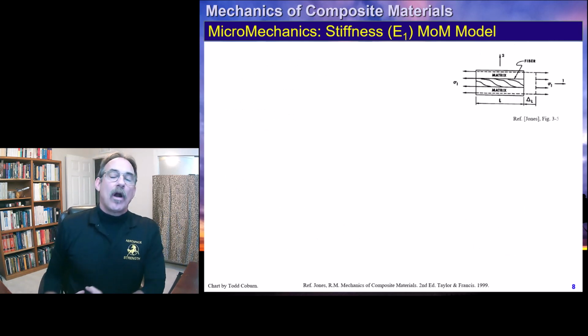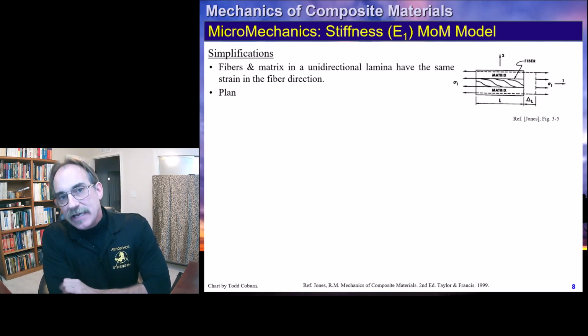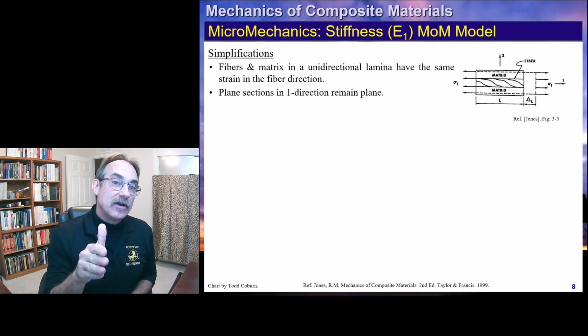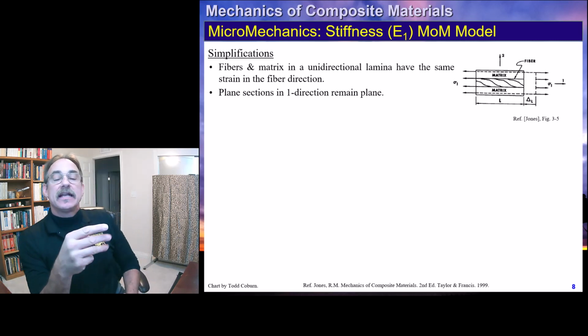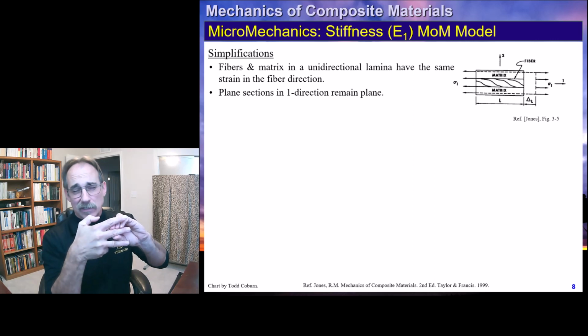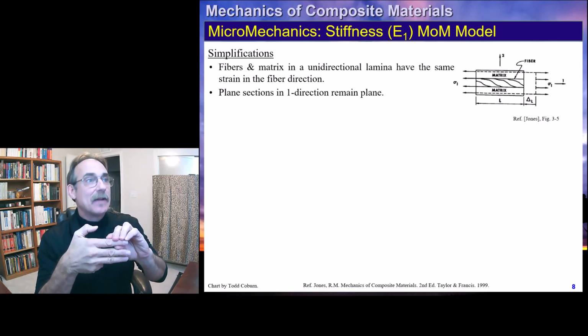All right, so our first little element, let's go ahead and look at E1. Let's try and develop the modulus in the principal material lamina direction. This little sketch from Jones shows our little representative element. Once again, we can see the fiber a lot more clearly than we actually would be able to, separated from the matrix, which wouldn't be that separate.